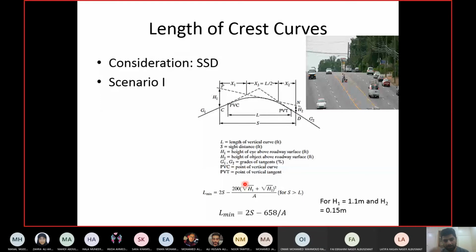Okay, obviously you will not be below the steering. Your line of sight will not be below the steering, right? Or your line of sight will not be above the roof of the car, roof of the vehicle. So when you are on the seat of a vehicle, the height of your line of sight is more or less the same for everybody. So H1 is a constant, H2 is also a constant.